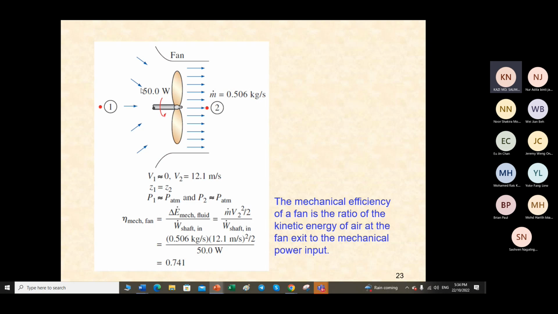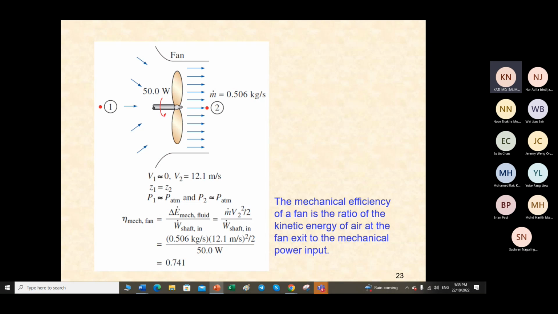The velocity here and the velocity there are different, because there is no ram effect, so we consider the velocity at the inlet to be 0. The velocity at the discharge is 12.1 meter per second. As they are on the same plane, Z1 is equal to Z2, and P1 is equal to P atmosphere on the left side, and P2 is equal to P atmosphere on the right side of the fan.